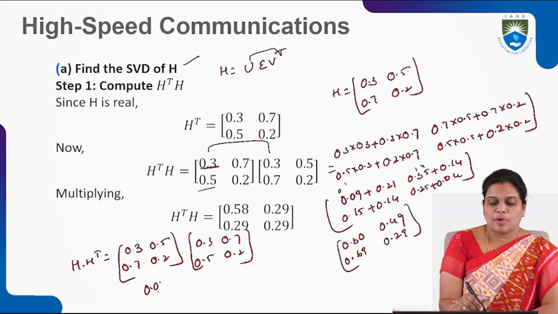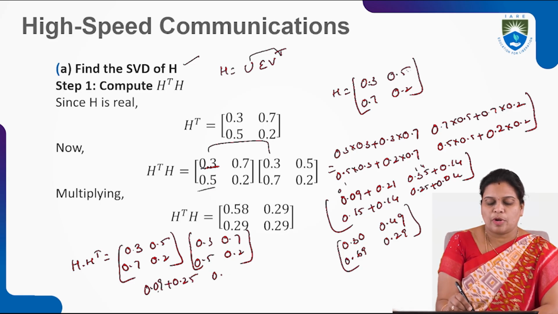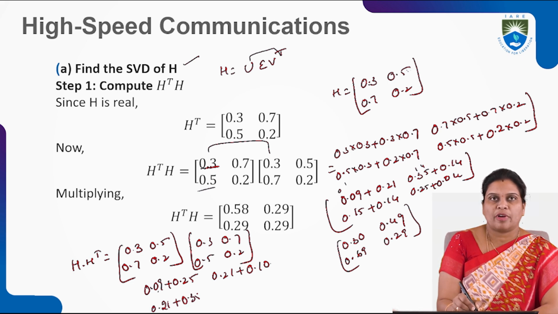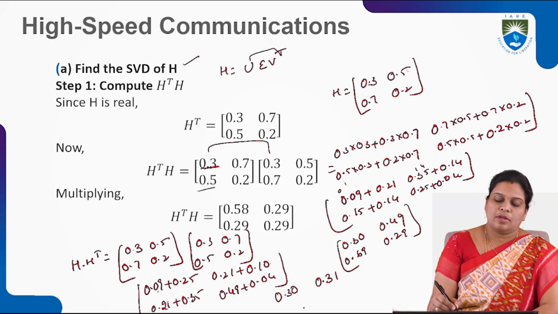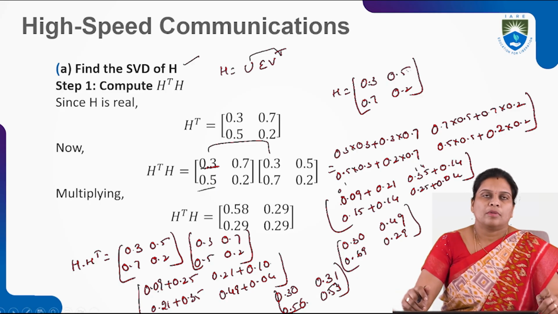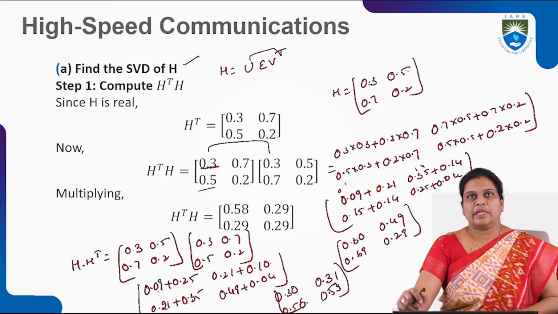Multiplying these gives 0.09 plus 0.25, 0.21 plus 0.10, and so on. This is the multiplication for H transpose H.